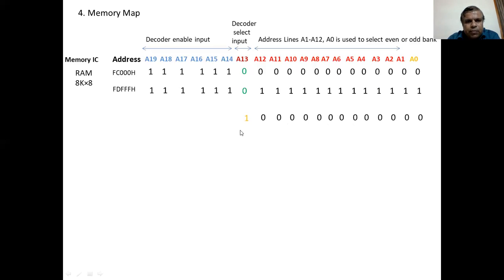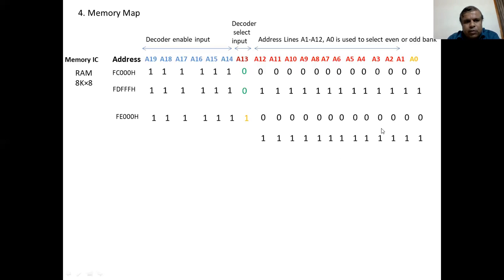A13 selects the ROM, and the remaining bits from A14 to A19 are all ones. And this address in hexadecimal is FE00H.